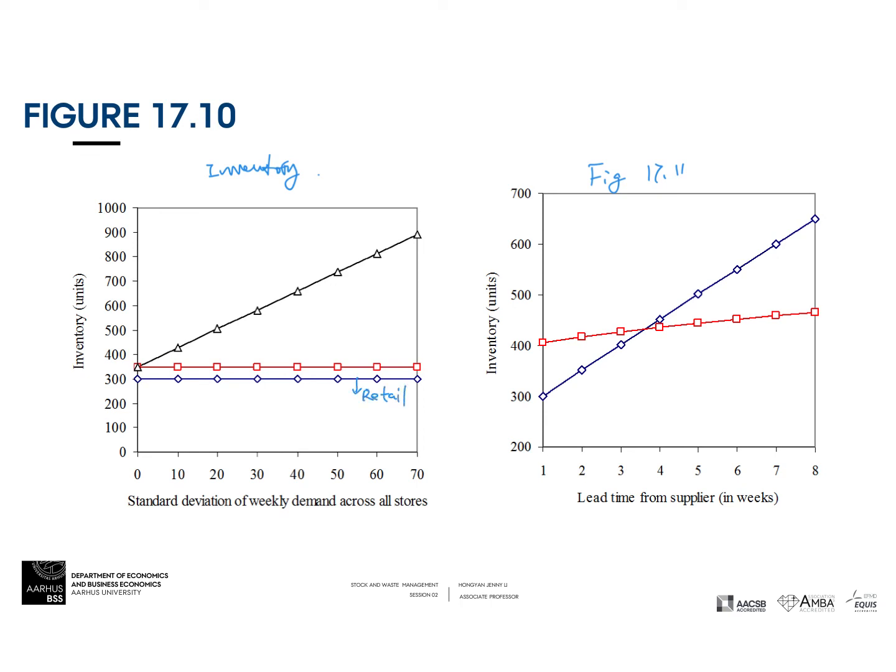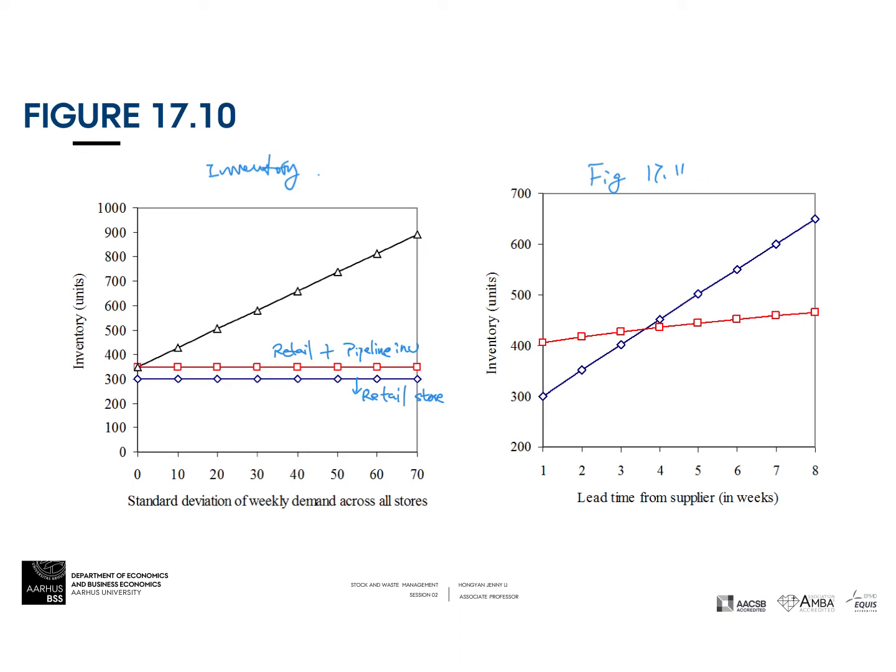You can see the standard deviation of weekly demand across all stores increases, but your retailer store level inventory keeps the same. And then you also have the red lines, which is retailer inventory plus the pipeline, or we call it on order inventories. We have only actually 1 week lead time, so you normally have one order on the way on the pipeline.